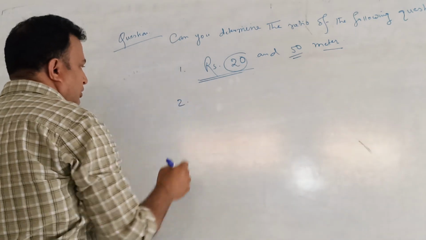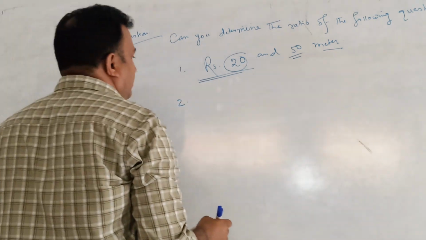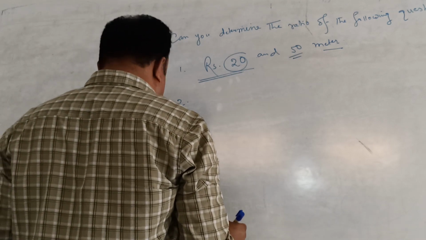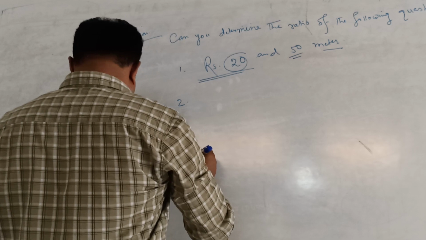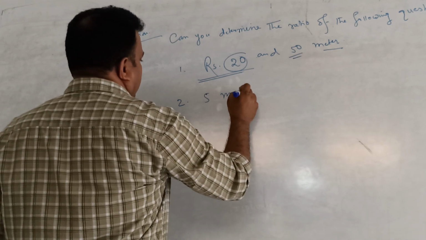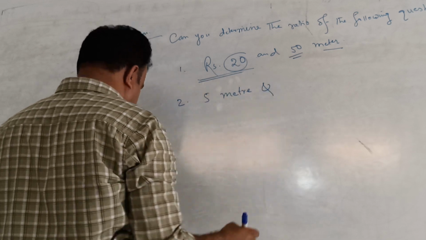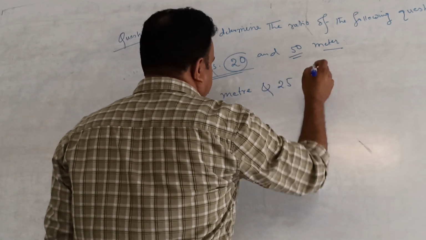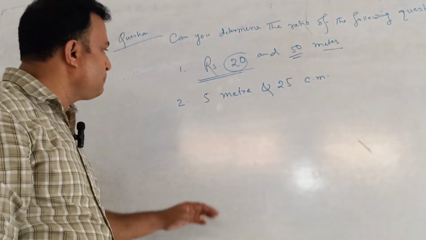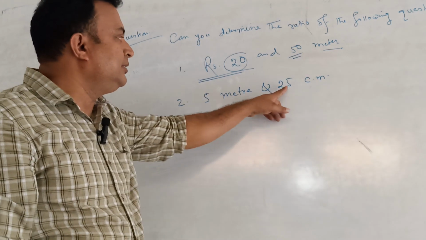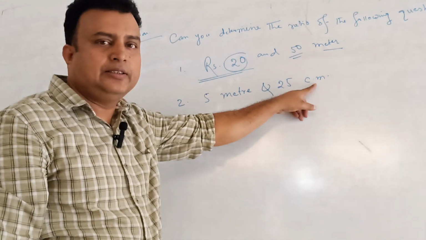Another example is 5 meter and 25 centimeter. Here you see that this unit is meter and the unit of the second term is centimeter.